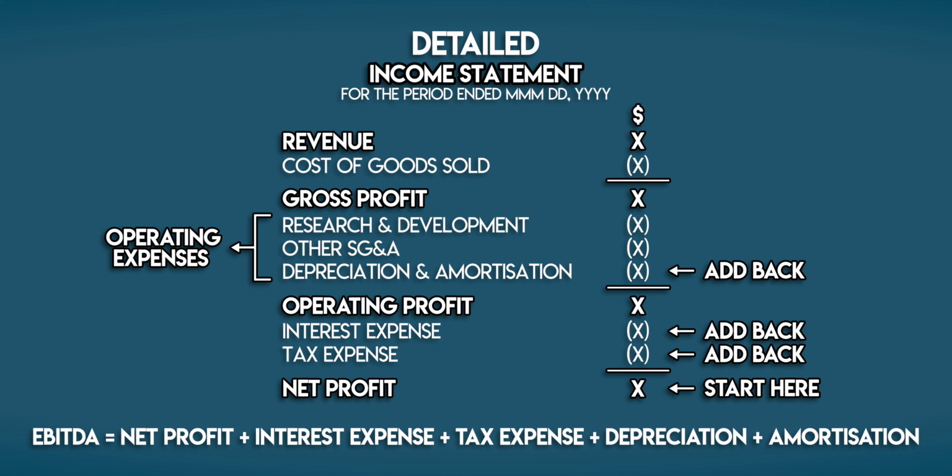If we strip them out as well, then you can get a feel for how much profit the business is able to make doing what it does, like selling sandals in the case of Ōl. And since depreciation and amortisation are both non-cash expenses, EBITDA is also a quick way to estimate if a business can pay its debts when they fall due.